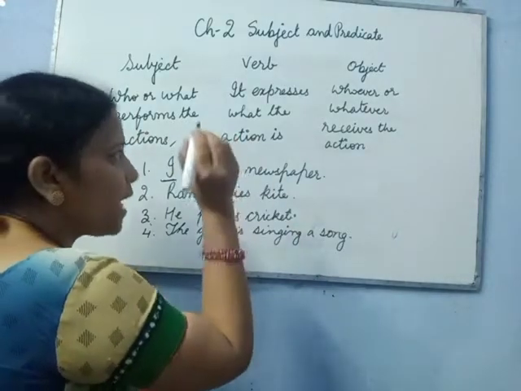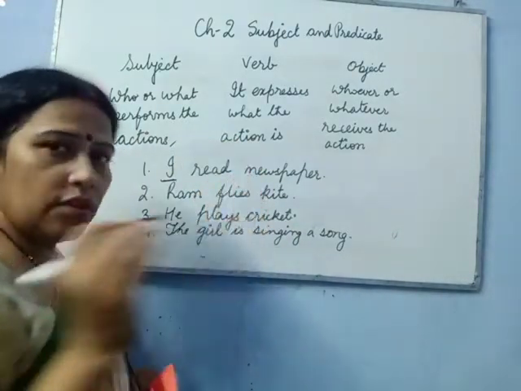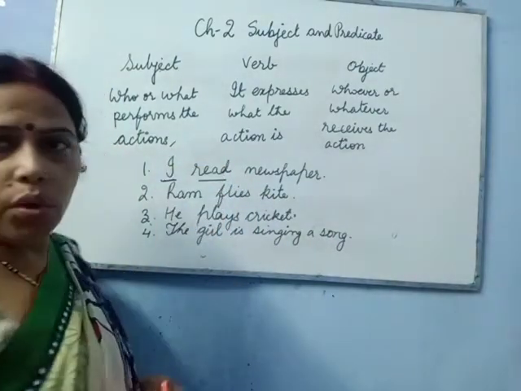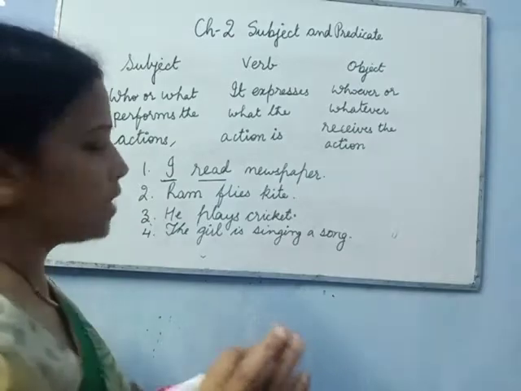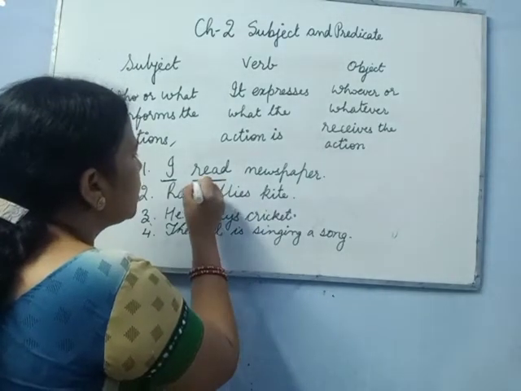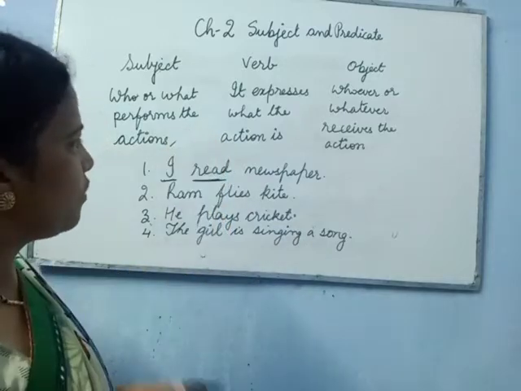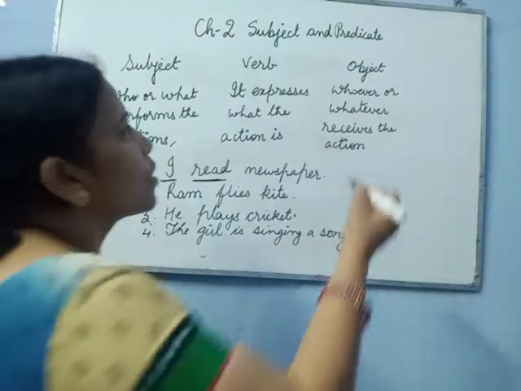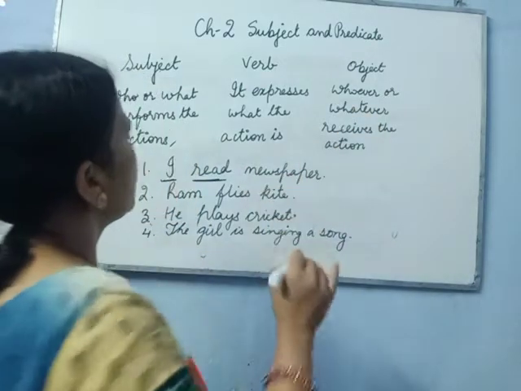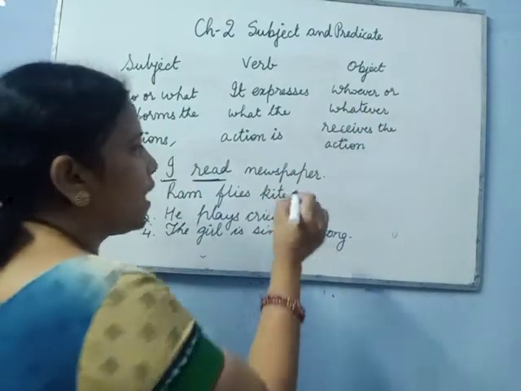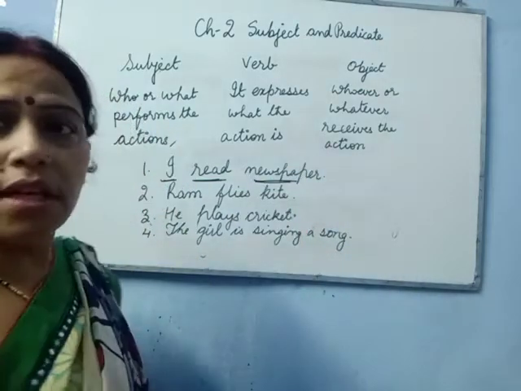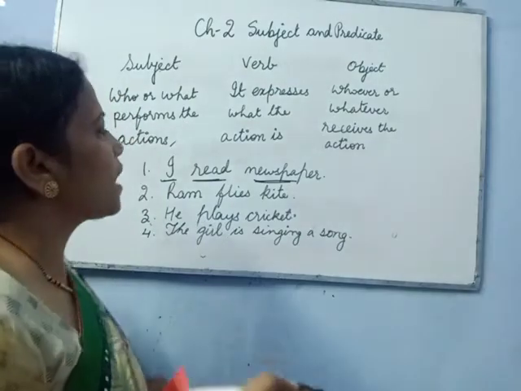So what is the action word here or the verb here? The verb is read. You all know that verb is any action being done. So here read is a verb. Now what is the person reading or what I am reading? I am reading newspaper. So this is called the receiver of the action.